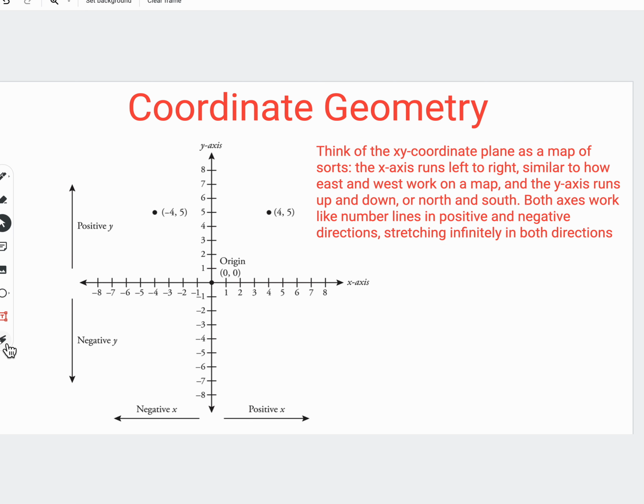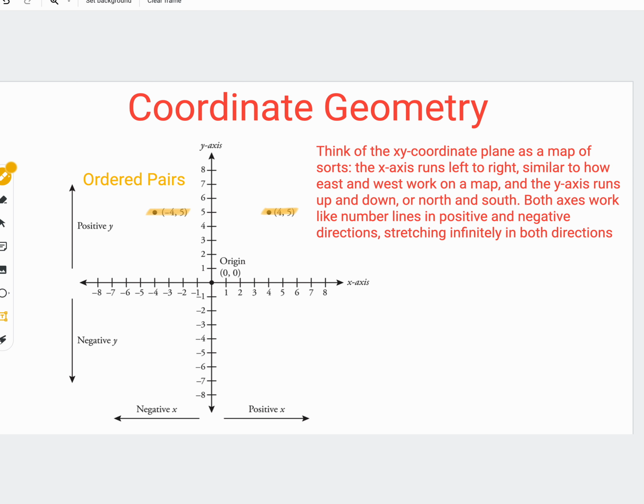Let's take a look at what we call ordered pairs. This is an ordered pair, and this is an ordered pair.